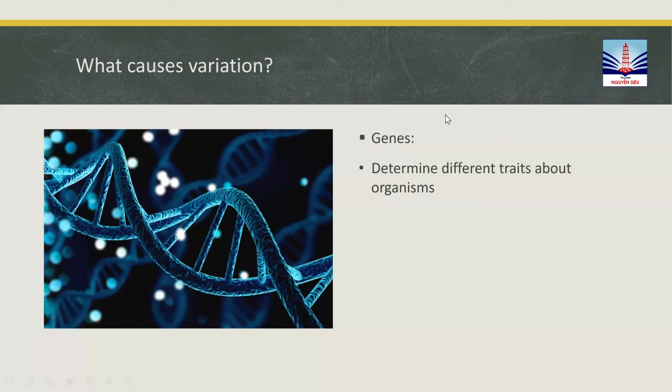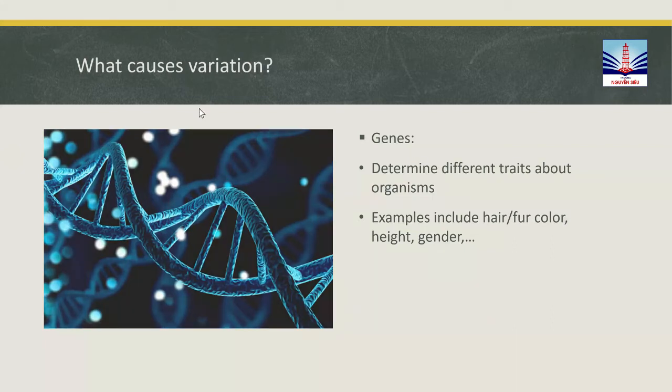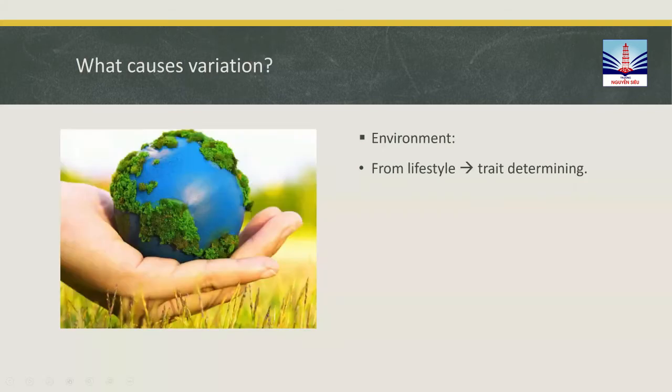And another one I want to discuss is the environment. Not really the environment as in Earth, but rather all your surroundings and how it affects you. Your lifestyle also determines some of your traits. Body shape, speed, active hours, food type, and so on are just a few examples of how environment causes variation.